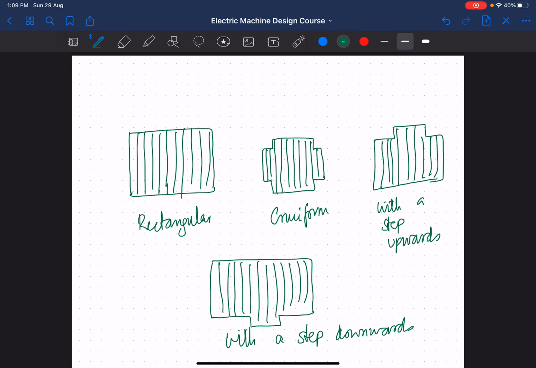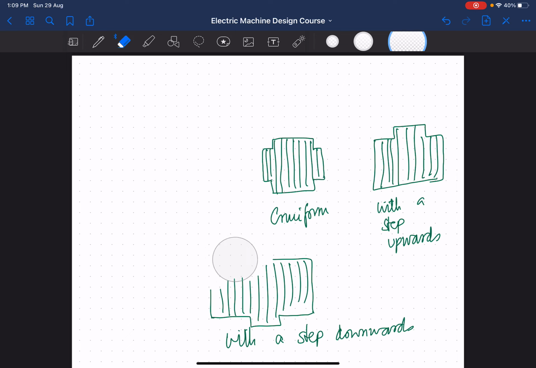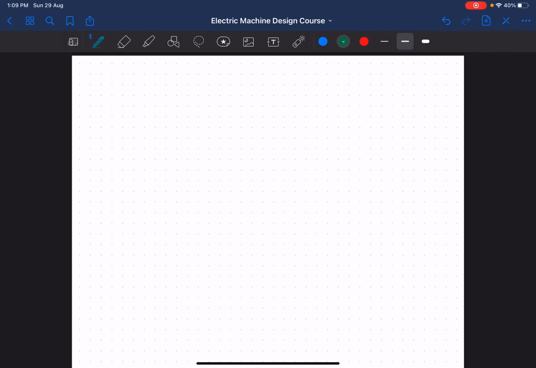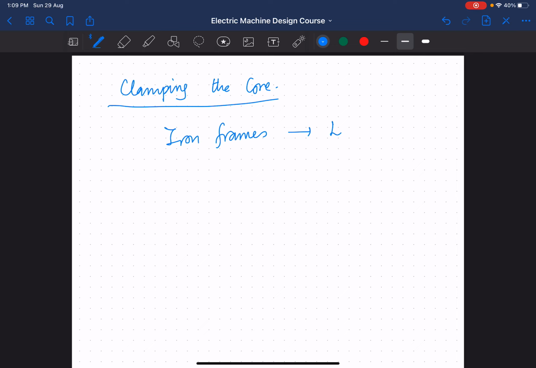Okay, so once you are done with stacking these laminations together, you have to go for clamping the core. What does this mean? You have iron frames between which the laminations are sandwiched, placed in between.